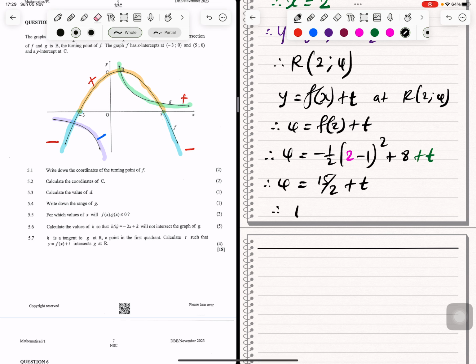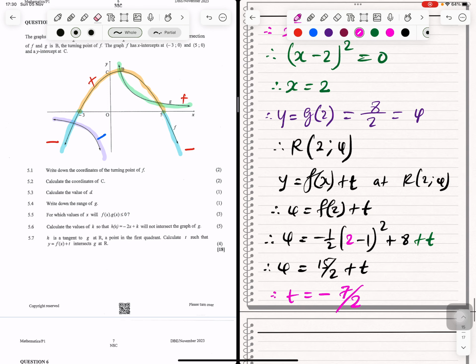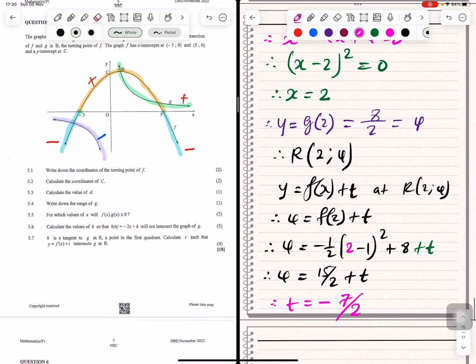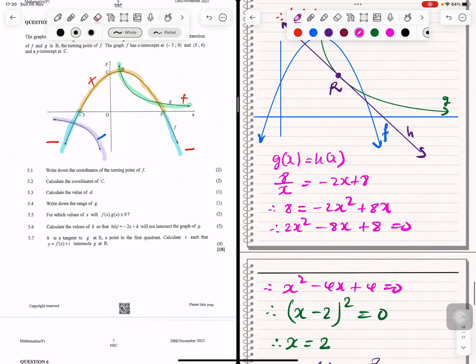So therefore t is going to be equal to 4 minus 15 over 2. 4 minus 15 over 2 gives me negative 7 over 2. It gives me negative 7 over 2 for t.